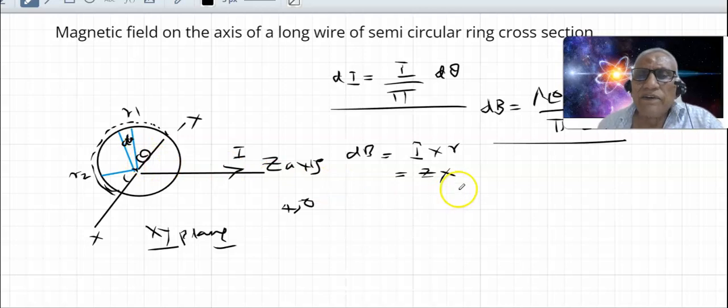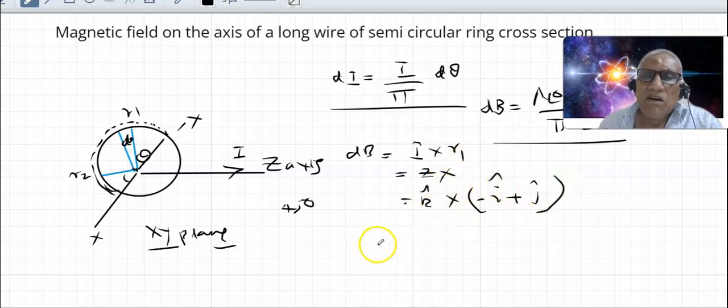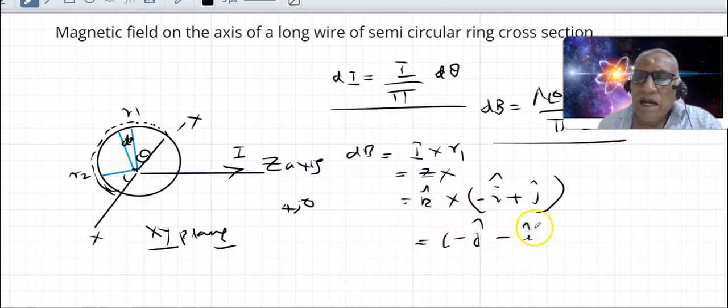This we take as 45. Then for Z, I will write the unit vector K, cross R1, which is nothing but minus i plus j. So K cross i is j, and K cross j is minus i.